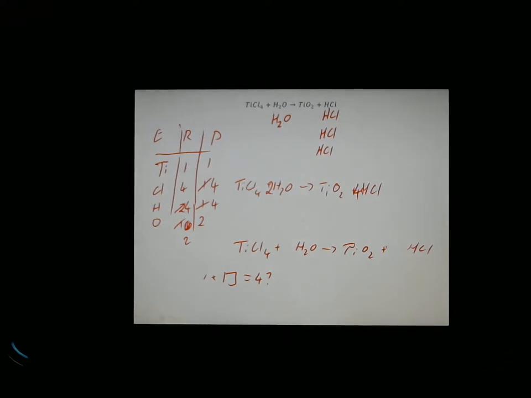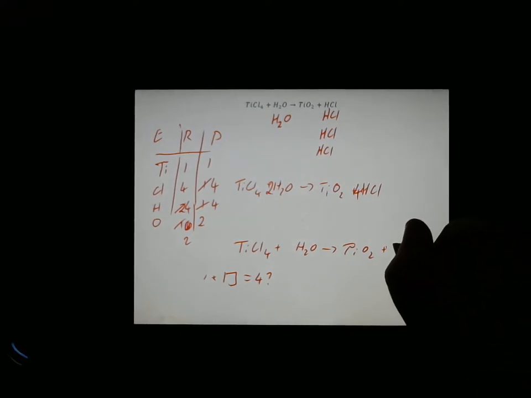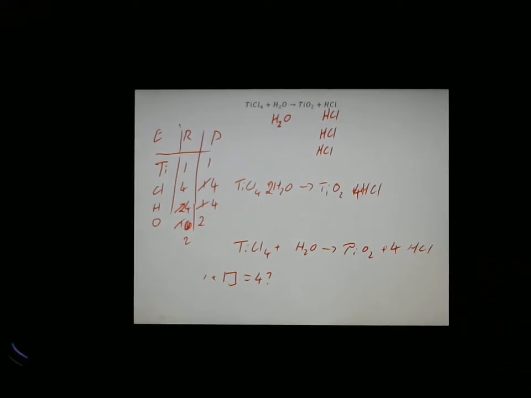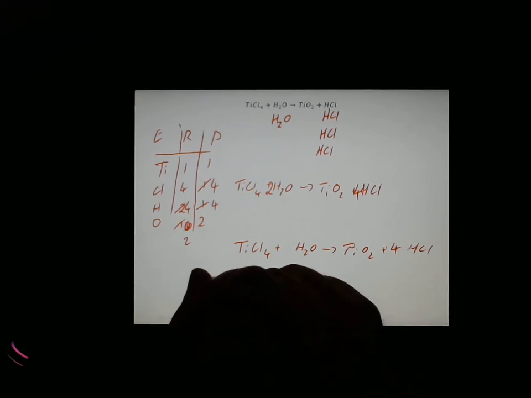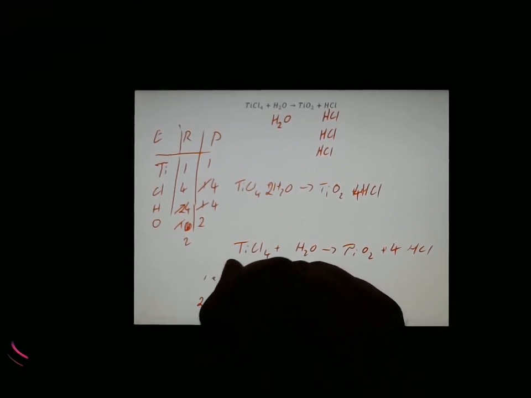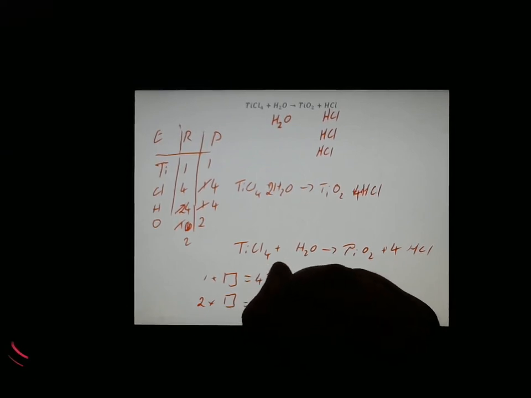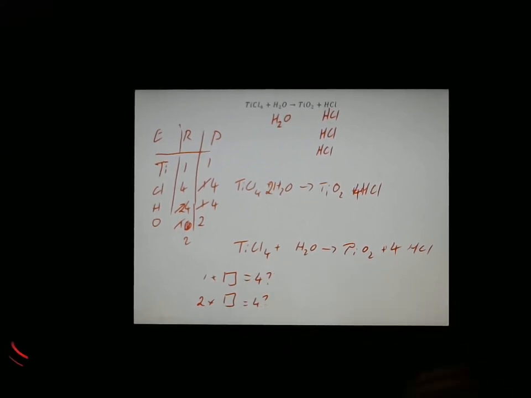Well, 4 obviously, and so that tells me I have to slap a 4 here. And now I've got 4 HCl, for the 4 H's, I've got 2 H's here, so 2 times what equals 4? Well, 2 times 2 will equal 4, so it tells me there has to be a 2 there.